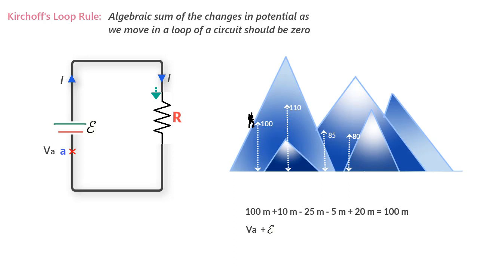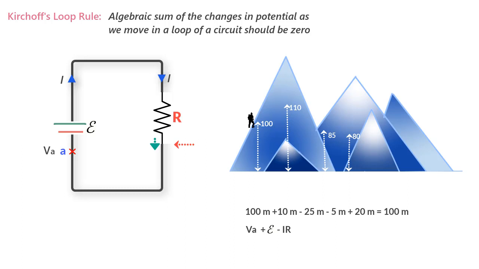So let us keep moving and we cross resistor R. Here the charge moves from a place of higher potential to lower potential, and the drop is given as V is equal to I times R, and since it is a drop, we take this as a negative number.